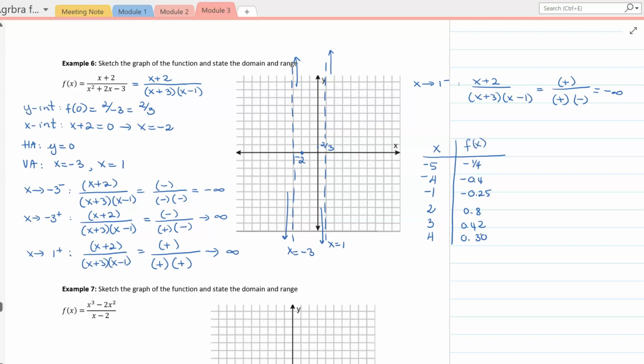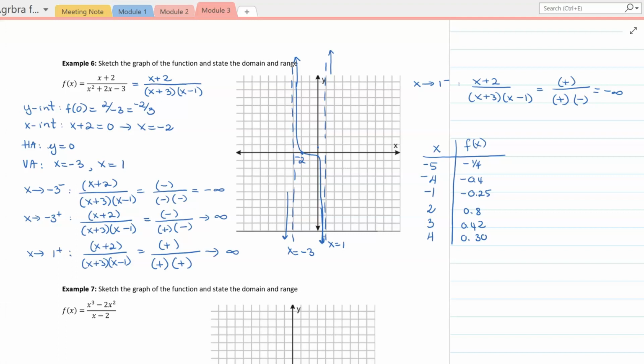So let's take a look at the graph. The y-intercept, this is 2 over negative 3, that is negative 2/3. Okay, so on this side, negative 1, we get negative 0.25. So it looks something like that. So the graph looks like that on that side.